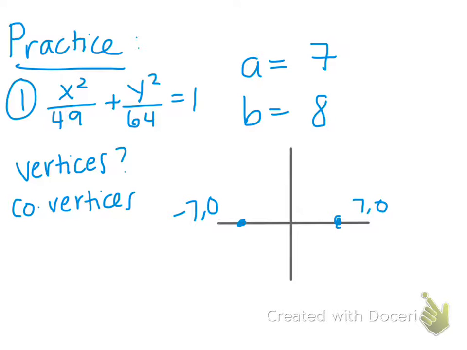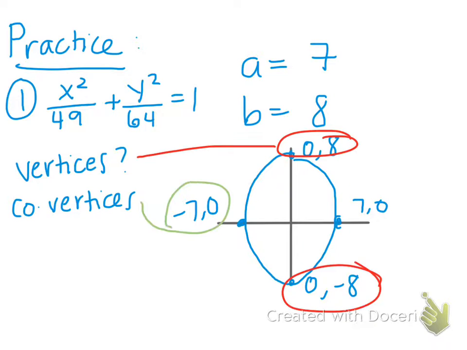So I know that on the x-axis I have to go out 7 spaces from the origin to get to a point. So 7 in both directions. So I have 2 points at 7, 0 and at -7, 0. And on the y-axis, I have points at 0, 8 and 0, -8. So now you can figure out that your vertices are at 0, 8, 0, -8, and your covertices are at -7, 0 and 7, 0.